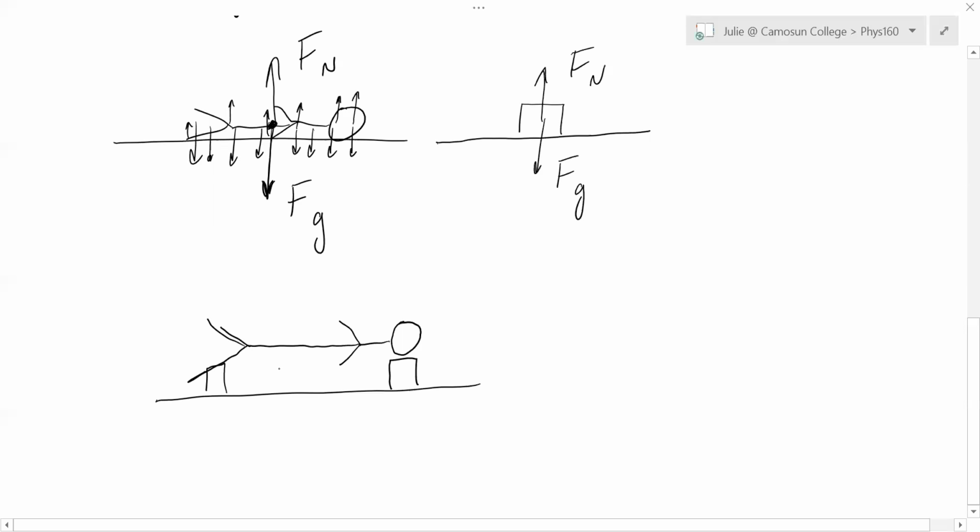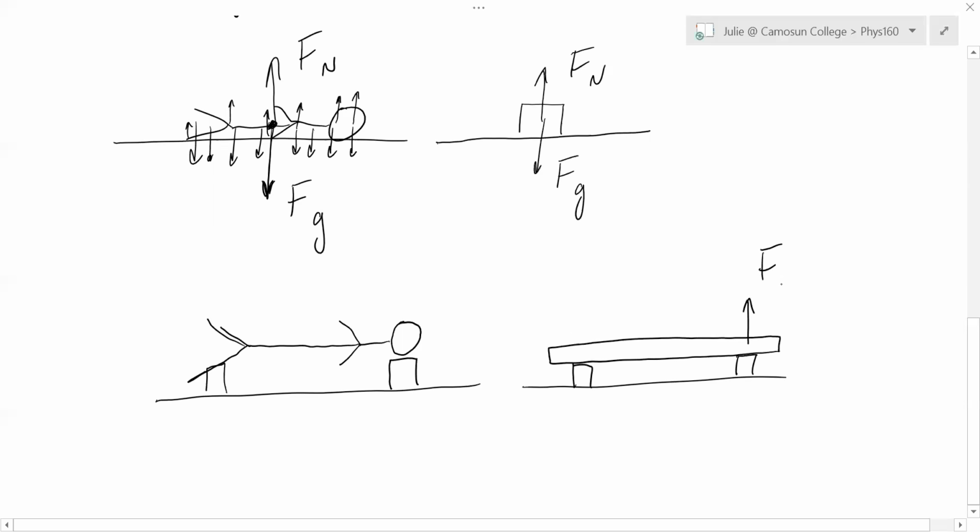Now, this would definitely be a case where we would reduce our body to a bar. And we would have the bar having just these 2 points of contact. So this would be our body. And we would have two different forces, depending on where our center of mass is relative to the distance between these bars. These may be different forces.